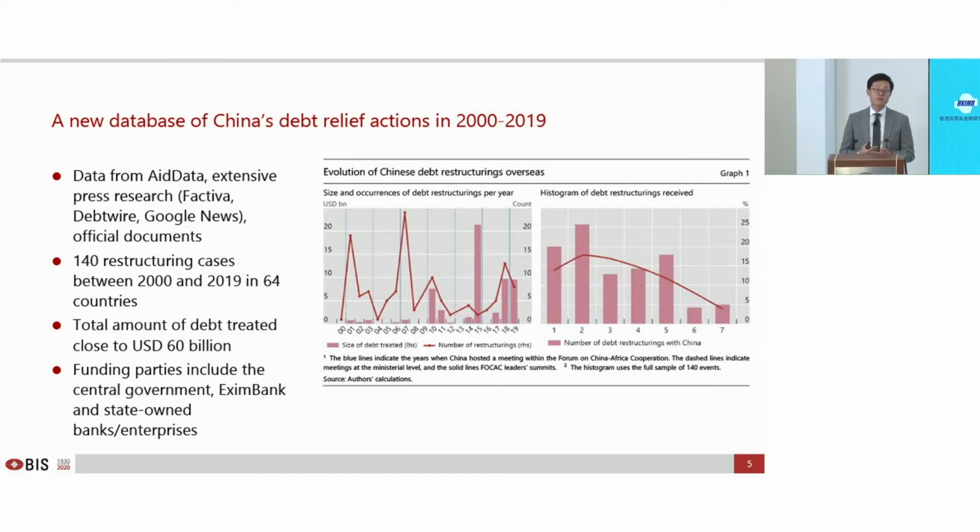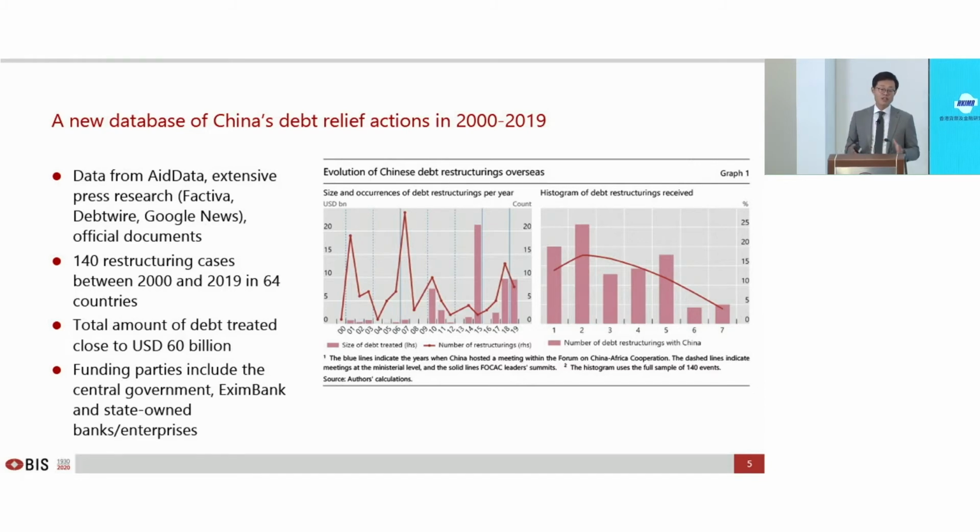On top of that, whenever possible, we also checked official documents from different ministries, including China's Ministry of Finance, Ministry of Foreign Affairs, but also ministries from the debtor countries. We also checked official program documents from the IMF, which include quite important information about debt restructuring operations.